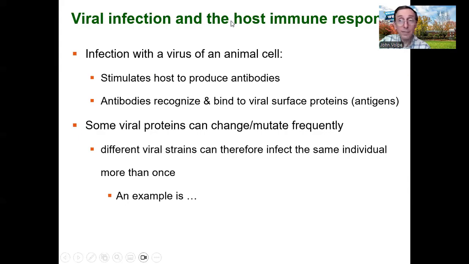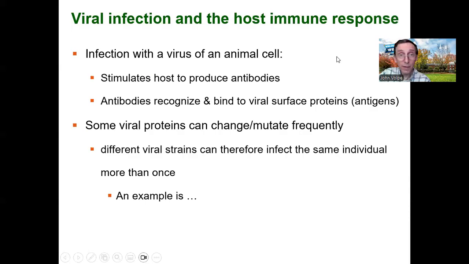All right, let's talk about viral infection and the host immune response. When an animal gets infected with a virus, the virus will infect that animal cell, and then that infection will stimulate the host to produce antibodies to that virus.